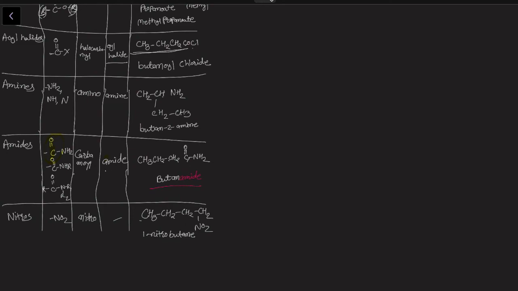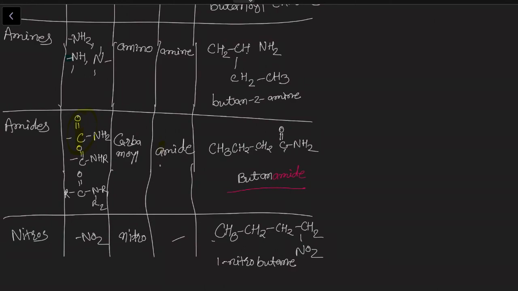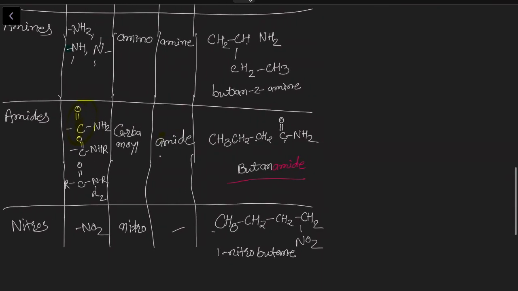It can be NH, and when it's NH, it basically means there are two R's attached to it, or by itself N, which can have three bonds with carbon and no hydrogen. Amine is a suffix. Prefix is amino, and normally amino is used for NH2. For the naming example, we use butan-2-amine.